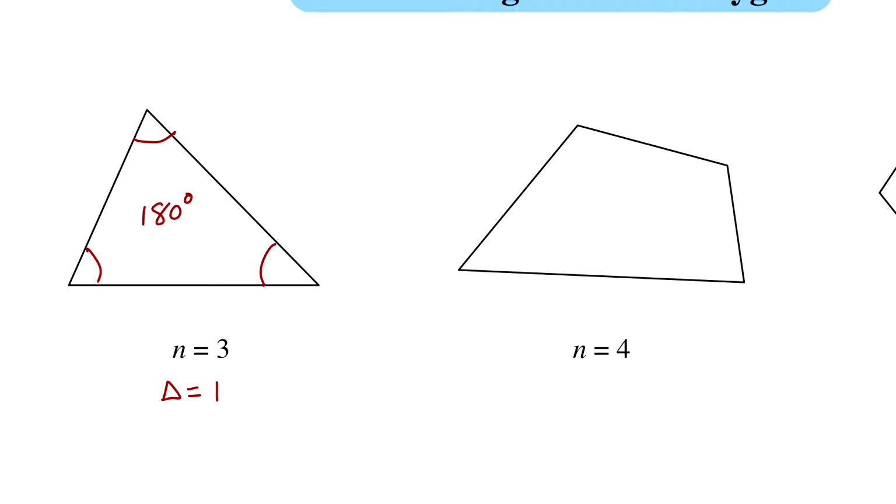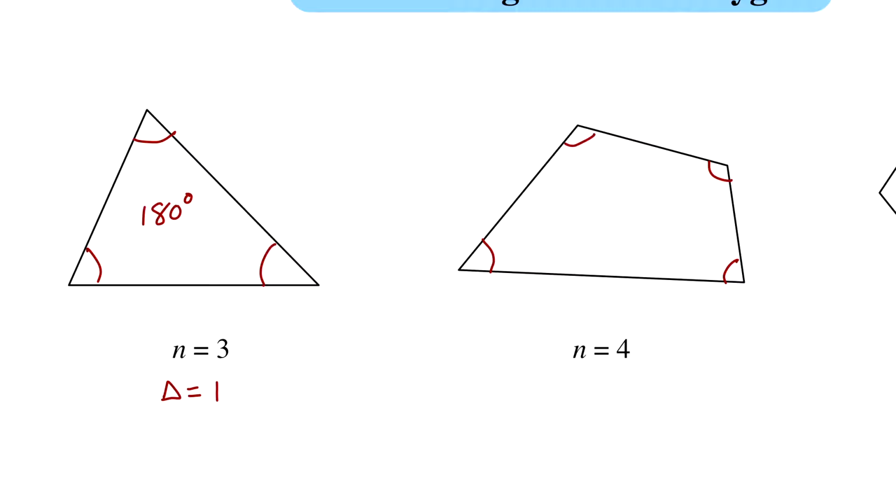Now with a 4-sided shape, we haven't really talked too much about quadrilaterals like this, but what do all the angles in a quadrilateral add up to? Well, now there's 4 angles. You could take a guess and say, well, maybe it's still 180. Now there's 4 of them.